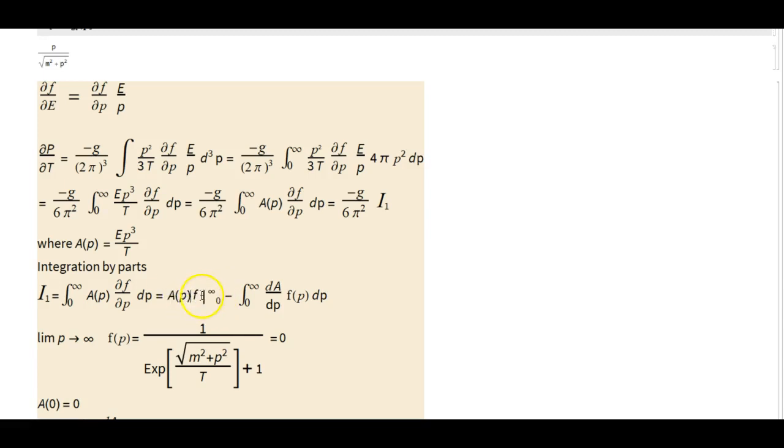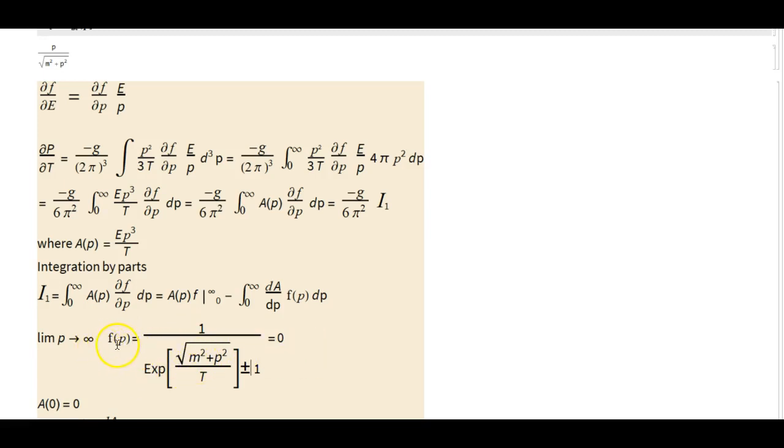Now when p is infinity, what is f(p)? Look at this f(p) expression, with the plus or minus 1, and notice that when p approaches infinity, this exponential becomes infinity, and 1 over infinity goes to 0.